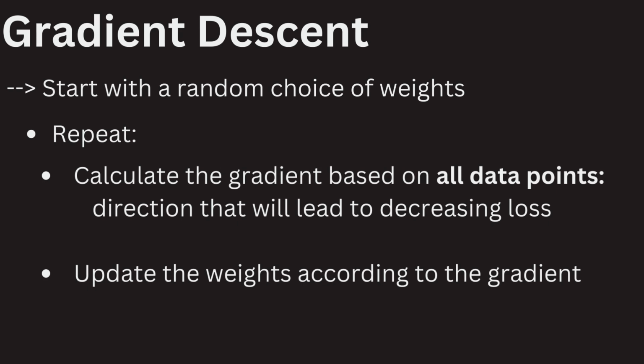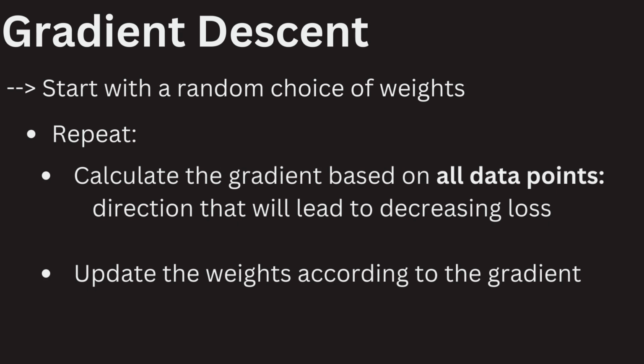So it will see which point has less loss, choose that point, and then update the weights accordingly. It will repeat that again and again so that you can get a global minimum rather than a local minimum.